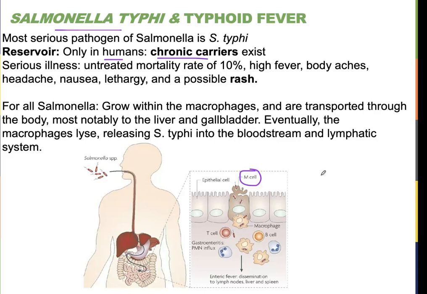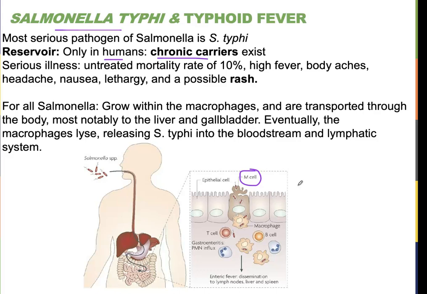B cells, T cells, macrophages, all your immune system are like a collection there. And so these M cells are basically a portal into the Peyer's patch.